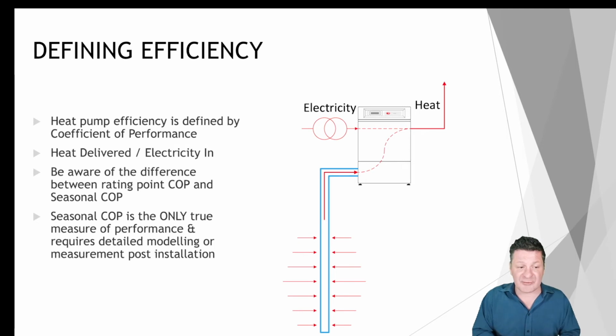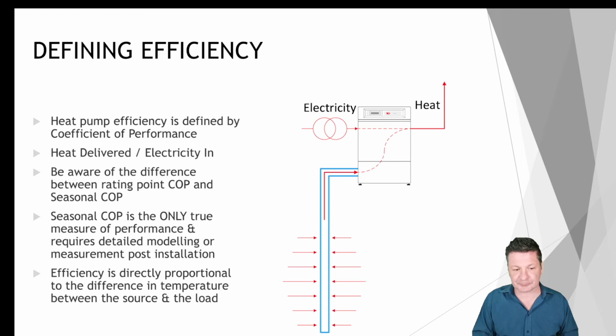And the important point is that really the seasonal COP is the only true measure of performance on a system. So comparing rating points of products, which is very commonly done in the sales environment, is not an ideal way of comparing products and systems. Again, efficiency is directly proportional to the temperature difference between the source and the load.